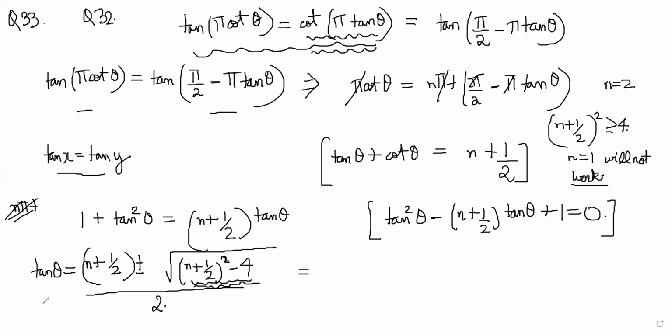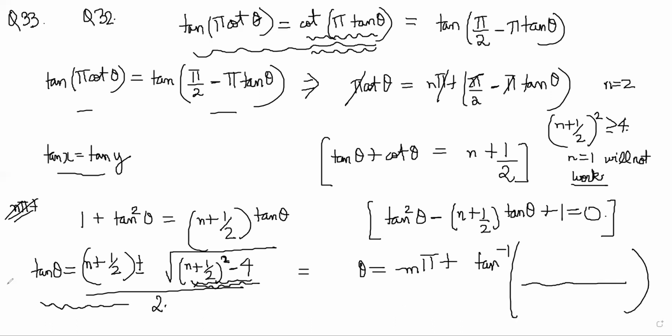So once you get this, then you can say that theta should be n pi plus tan inverse of this thing, right? You understand? Because this is a constant, so it will be some angle whose tan will be this, right? That angle is tan inverse of whatever is here.